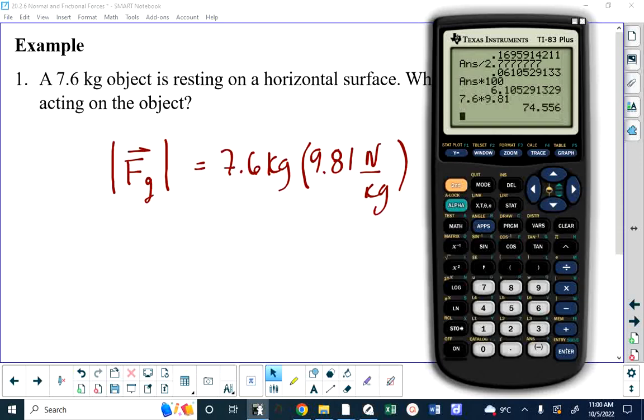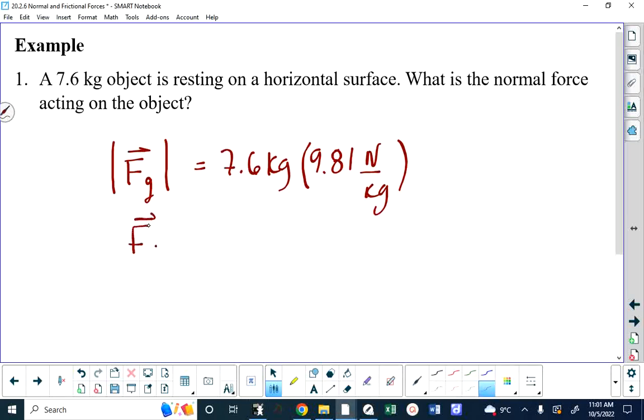This is what we learned a couple of days ago. I get 74.556 newtons. So the force of gravity is 74.556 newtons downward towards the surface of the Earth.